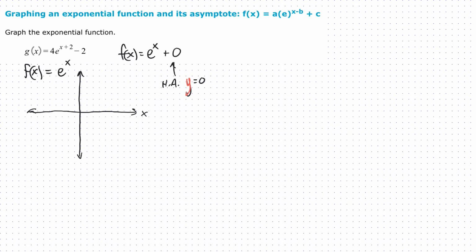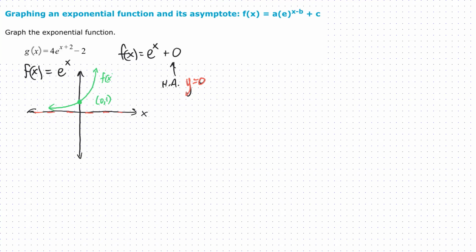Why don't I highlight that? Y equals 0, so horizontal asymptote here. And when x is 0, we know that the output is 1. So it has a nice y-intercept. And that is a graph of an exponential function, that is actually f of x.